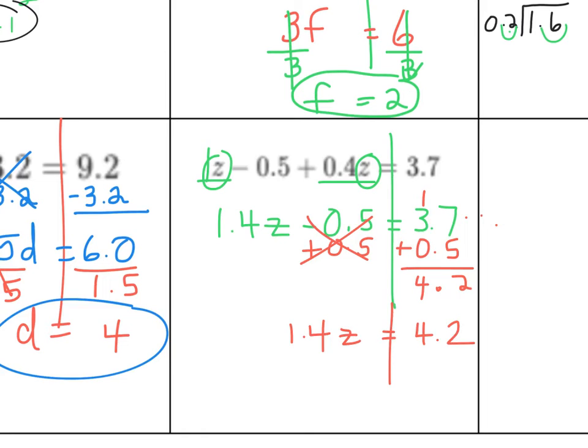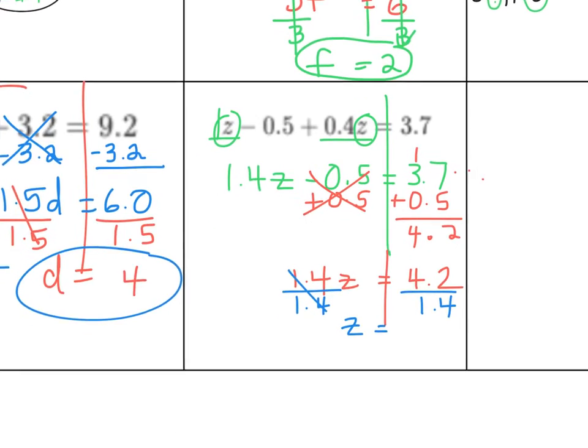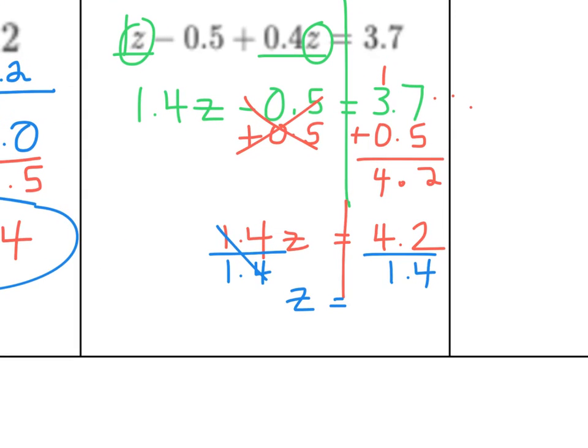So now, what operation's happening there? Multiplication, the opposite of multiplication is division. So divide by 1.4, divided by 1.4. This cancels out. So z equals, what is 4.2 divided by 1.4?